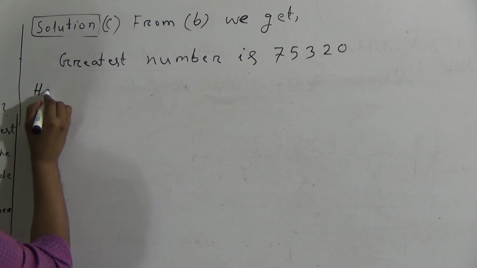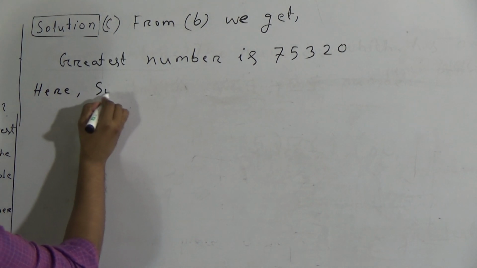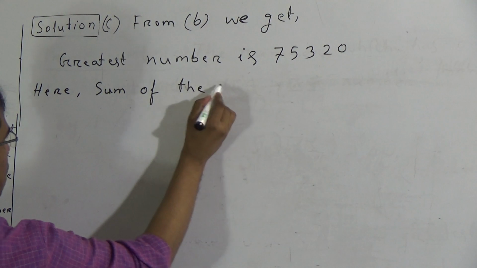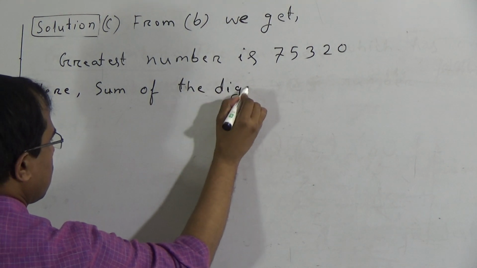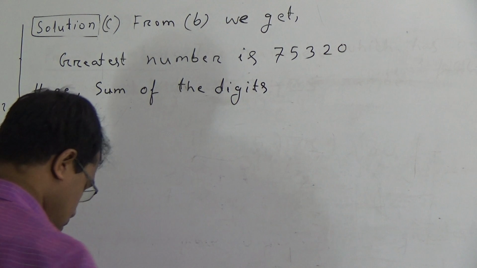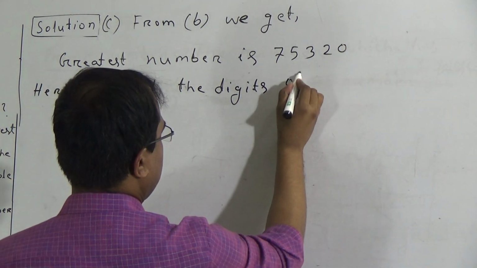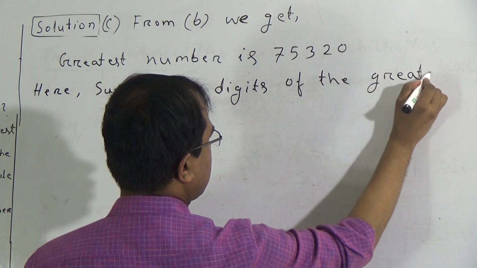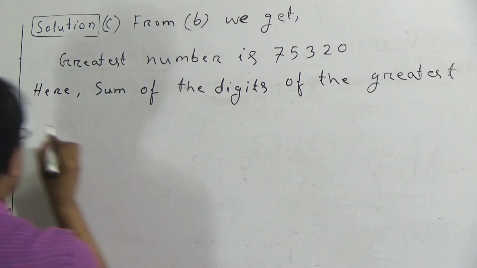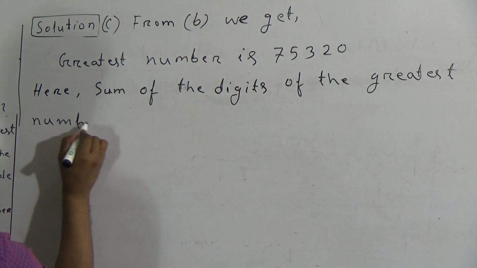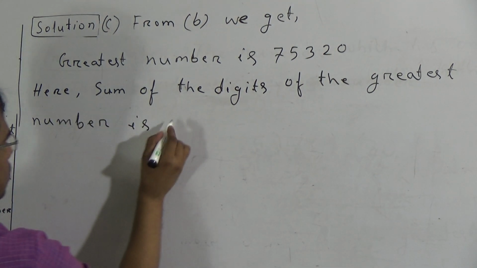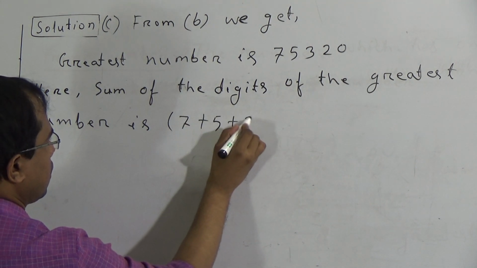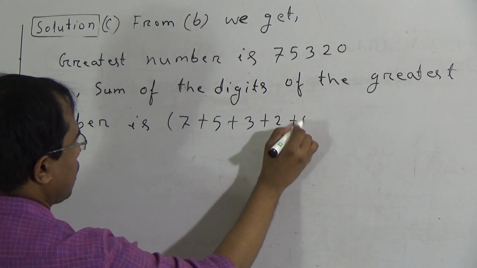Here the sum of the digits of the greatest number is 7 plus 5 plus 3 plus 2 plus 0.